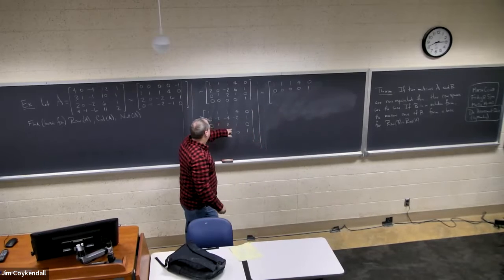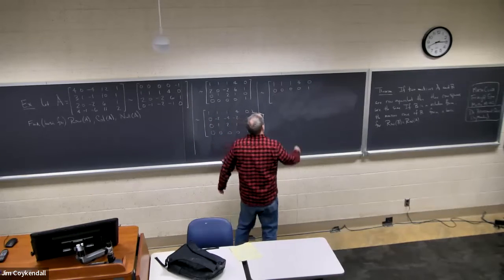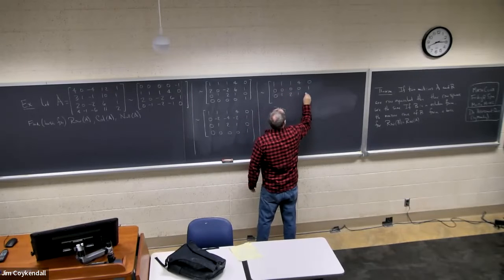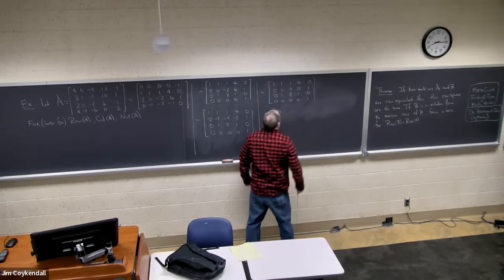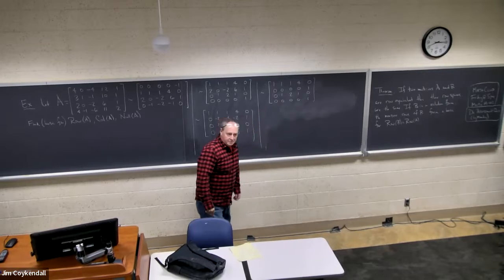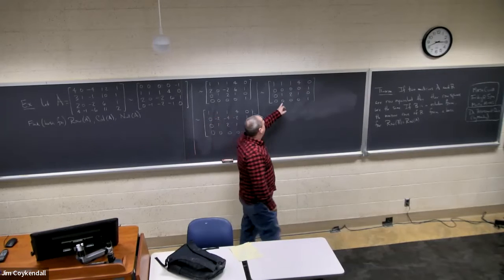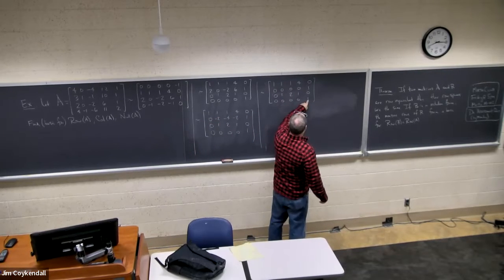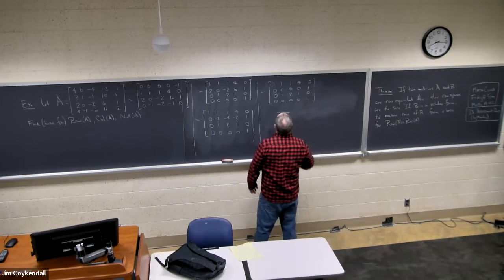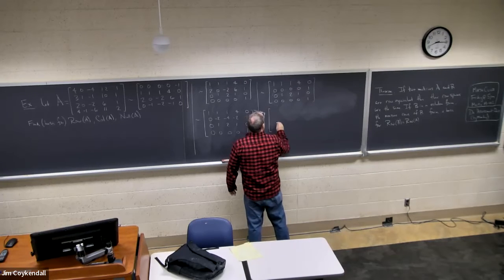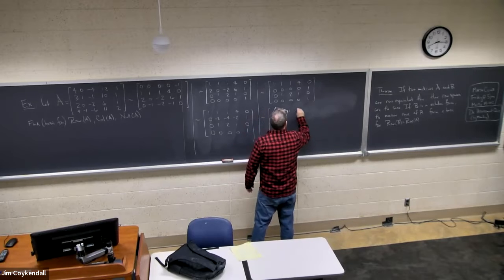Times 2 and add, that's 0, 0, 1, 2, 1, 0. These two are the same. So I'm going to use this one to take everything in this column out. 1, 1, 1, 4, 0.